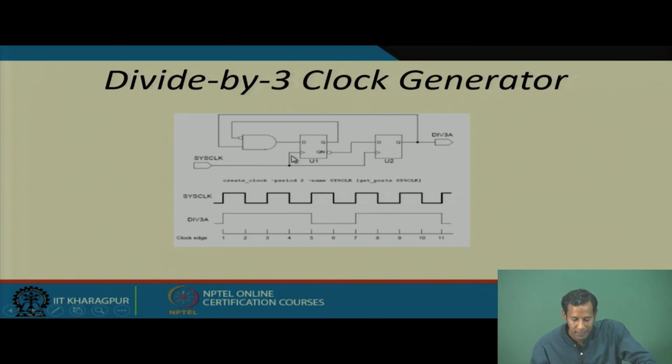At this particular clock edge the Q is 0 and this Q bar is 1. So, at that time this is 1 and this is 0, which means this is also 1. So, the D input will be just 1. Depending on that, it will go up.